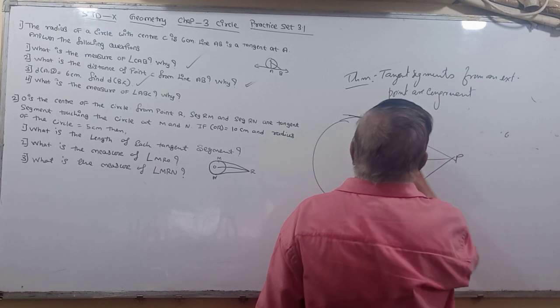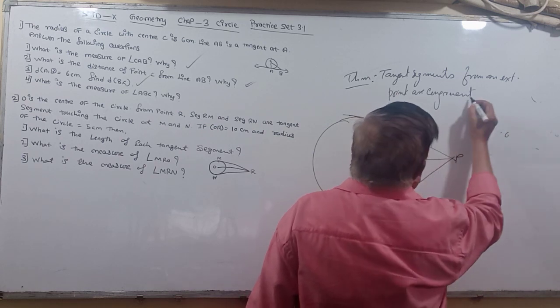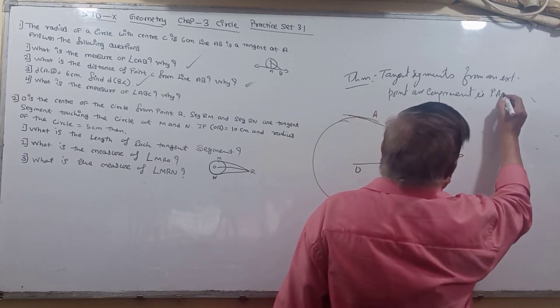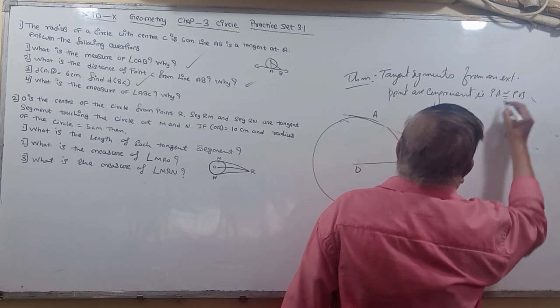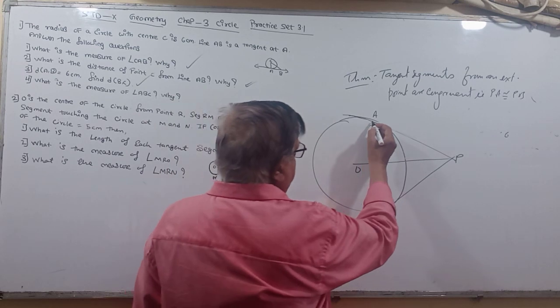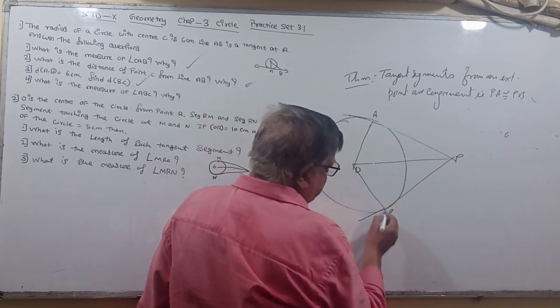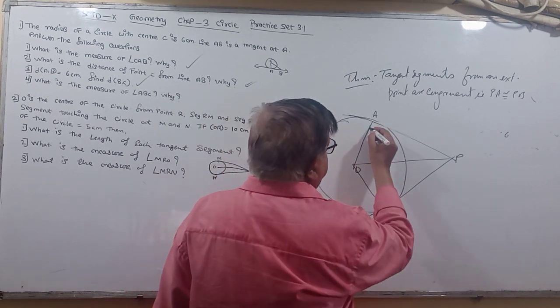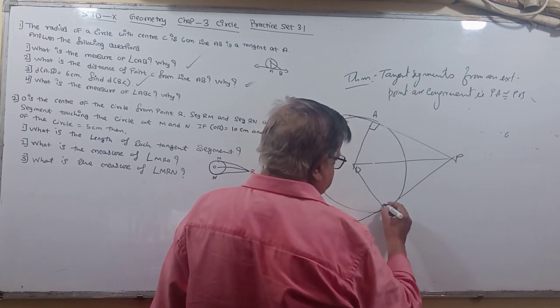We have to prove PA congruent to PB. This is congruent to this. It can be done easily. We will join this, and join this. Construction. This angle is 90 degrees. This angle is 90 degrees.